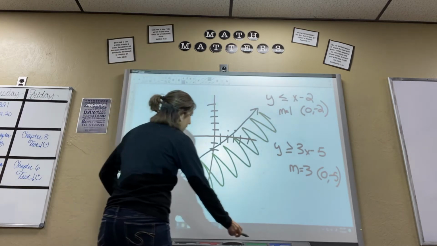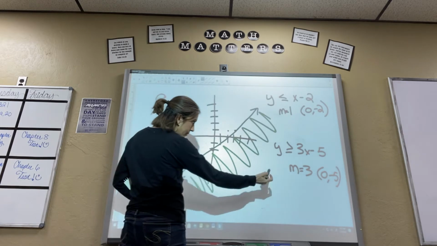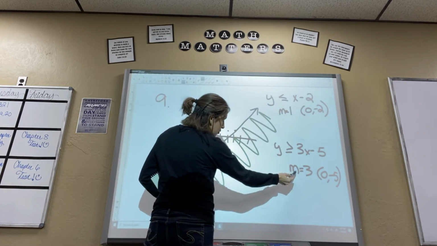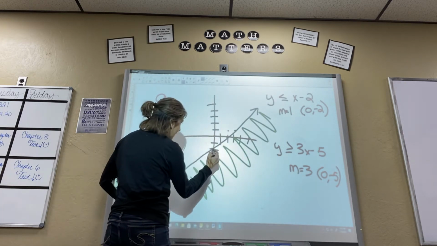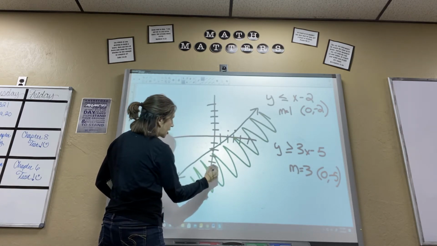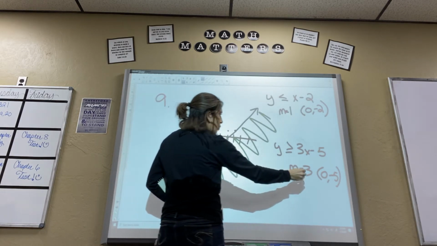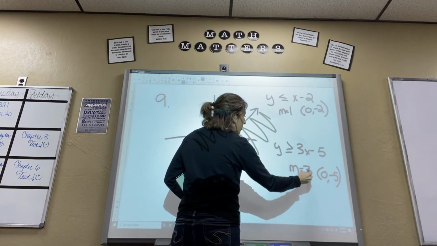And then this one we're gonna graph. m is 3, and you start at 0, negative 5. Right there, that's where you're gonna start. And it's rise over run. That is the slope.